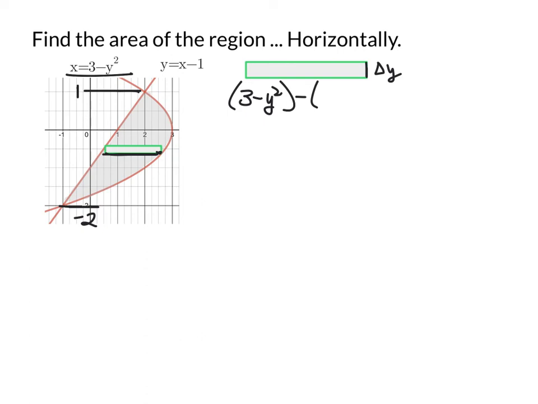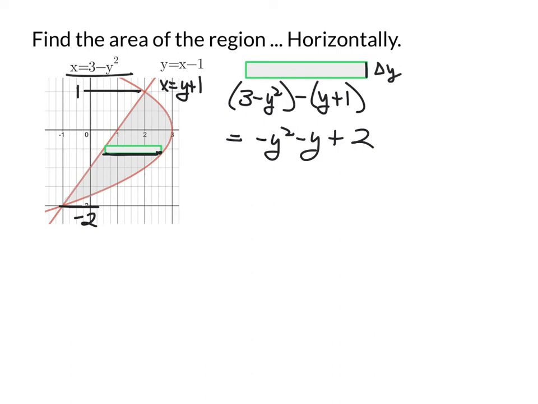Now right now the line is y equals x minus 1, so it's written in terms of x. But it's not that difficult to just add 1 to both sides and call that y plus 1. So we'll subtract off y plus 1. So this whole thing will simplify down to negative y squared minus y plus 2.